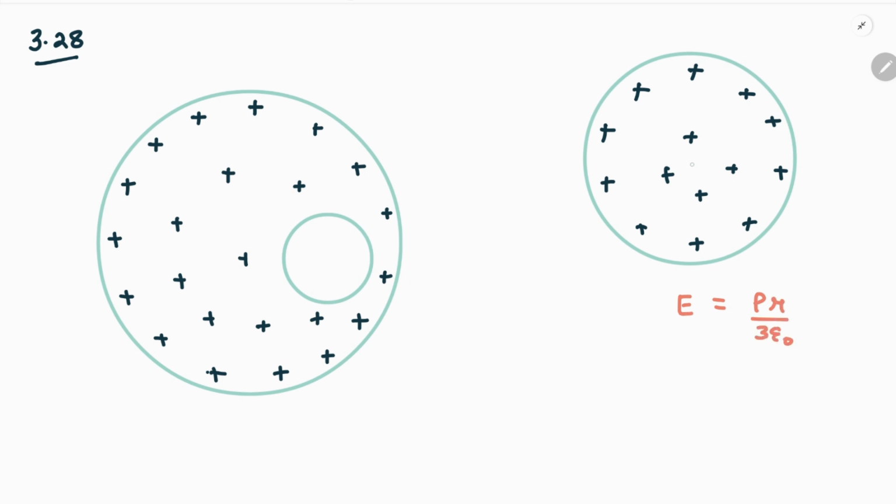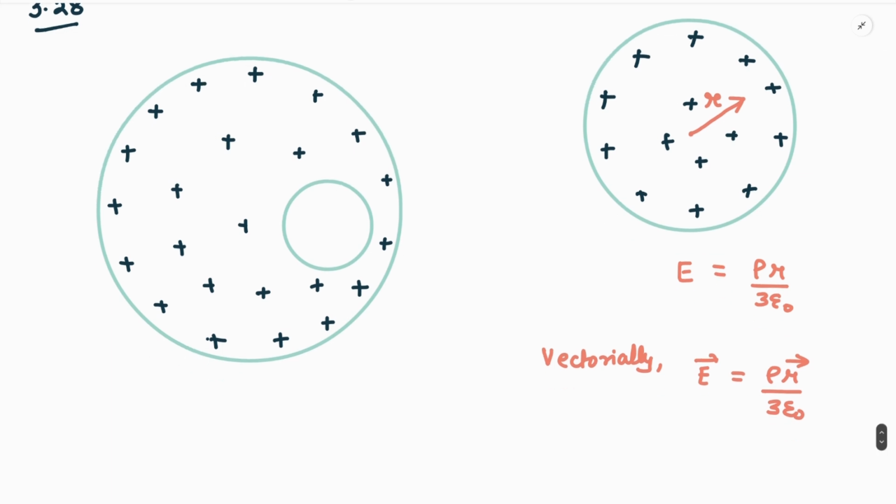We have seen this on many occasions that if we consider a distance r over here, then the electric field strength is written in this way. So vectorially, we can write E vector as rho r vector by 3 epsilon naught. So this is the value of electric field strength inside the sphere studded with charge.